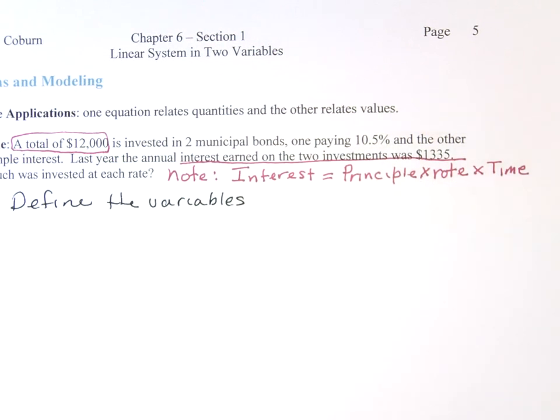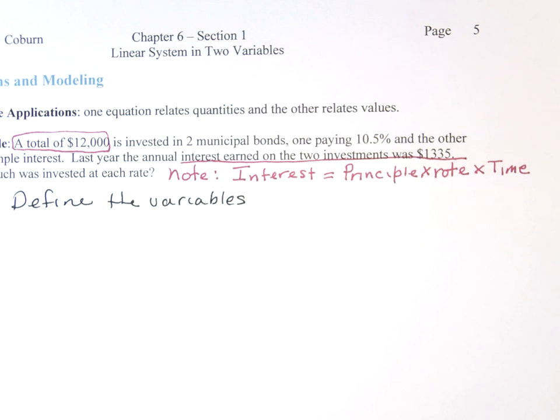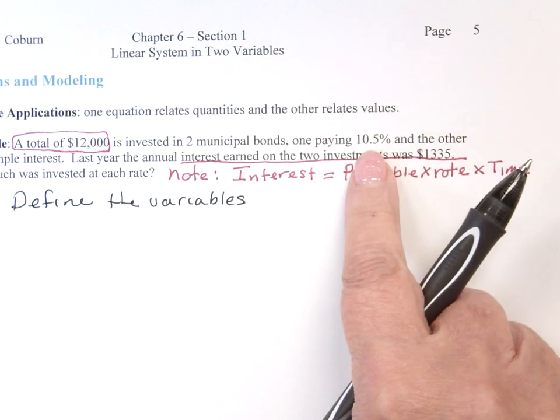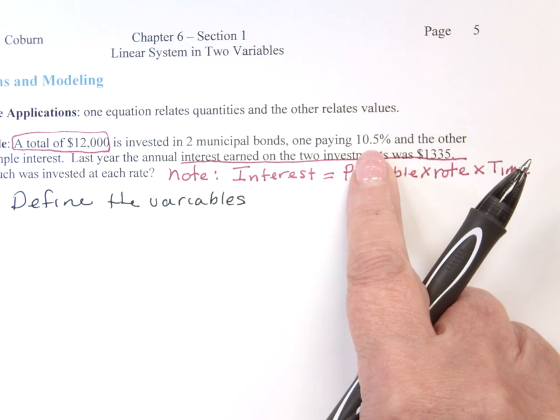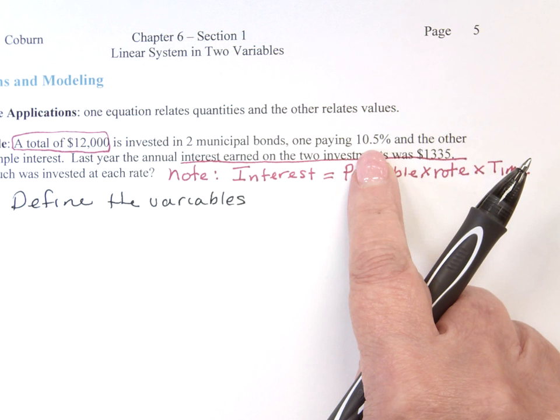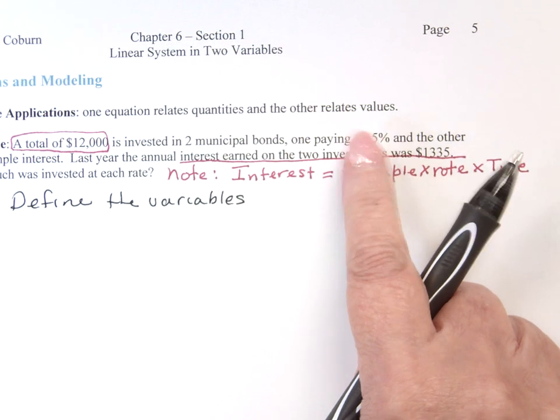Oftentimes, if the letters are different, I just use the letters. Unfortunately, 10 begins with T and 12 begins with T, so that doesn't give me anything. So we'll just do X and Y.